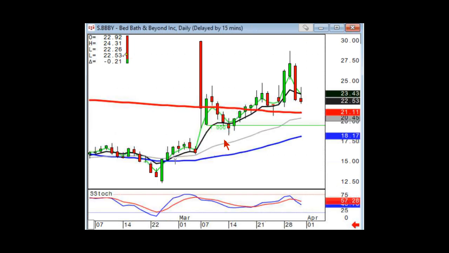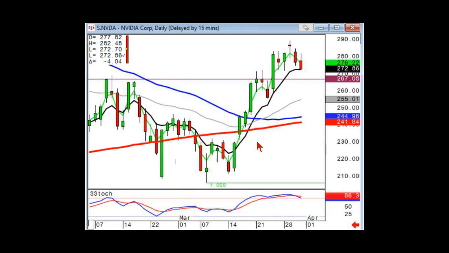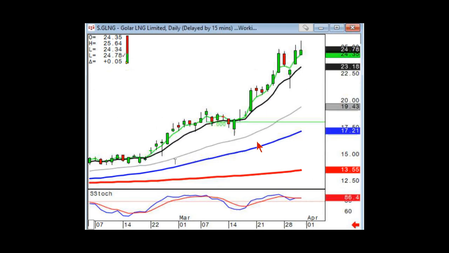Bed Bath & Beyond, here's a perfect example. If you had been long, your safety stop would have been right there. Right now, you could possibly go short on a bearish doji sandwich on a lower open tomorrow. We did in a video, go short on this one on lower trading tomorrow.